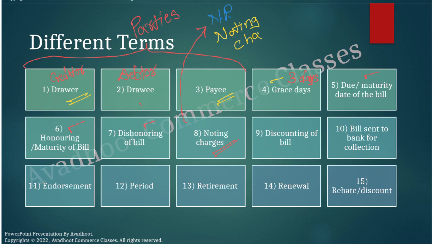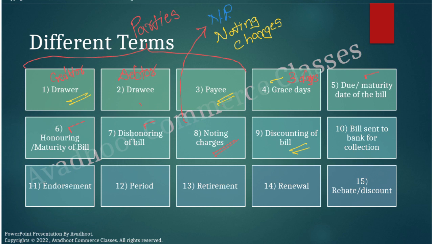Noting charges are paid by the last holder at that time to the notary public, and lastly it is recovered from the drawee because non-payment is made by the drawee, hence those charges were charged.